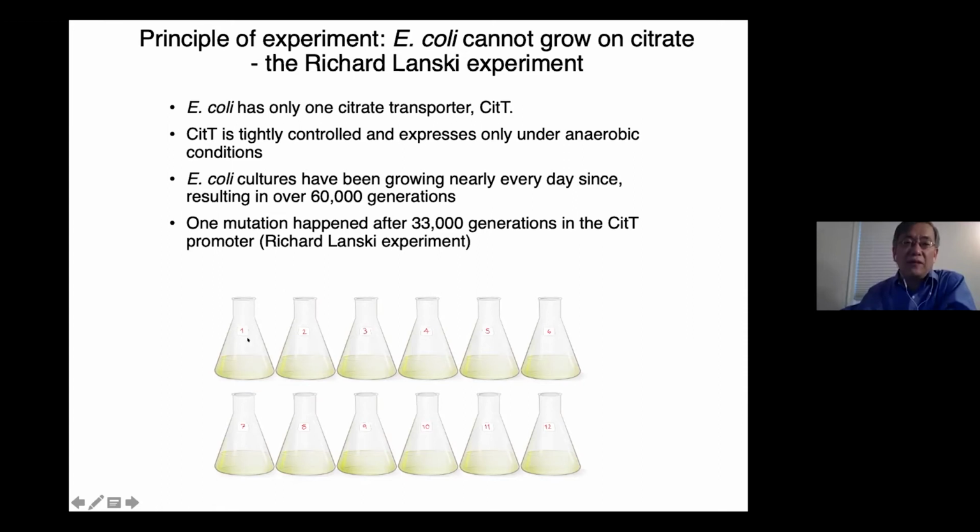Only after something like 10 or 12 years of cell growth, with daily re-inoculation every day, after something like 60,000 cycles, he found one mutation in the promoter region of CitT that allowed it to be expressed, and allowed the E. coli cells to grow on citrate as a sole carbon source.